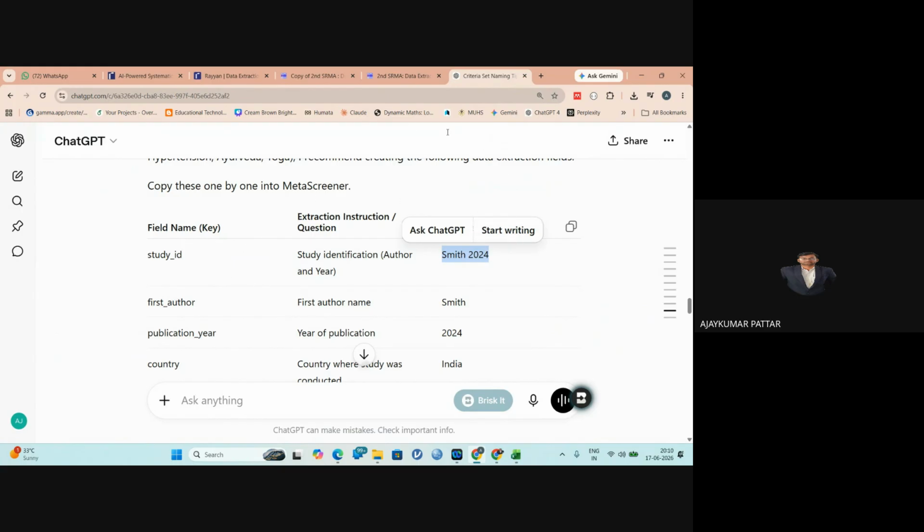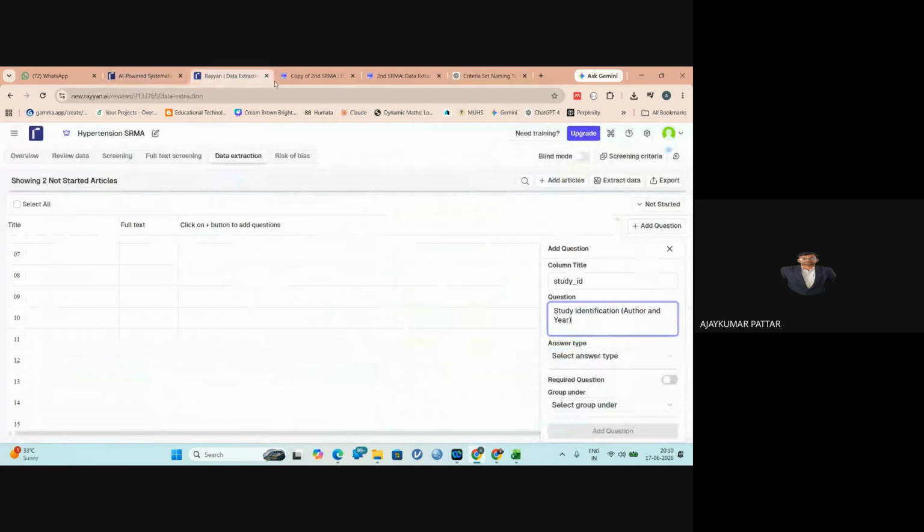So I am just copy pasting because of lack of time. I have created that with ChatGPT. So Rayan is asking the same way. Column title, what you need: study ID. Then which question, then answer type. I want free text. Group under. So what is this?